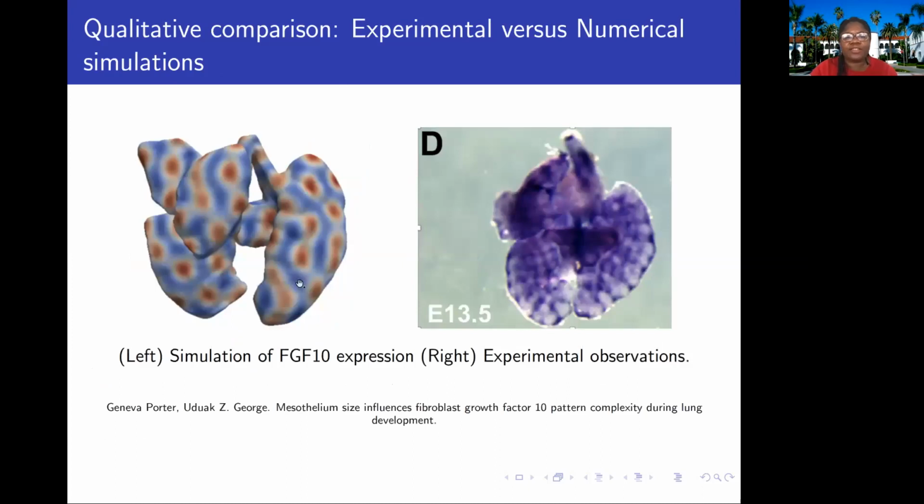Now here I show also comparing with experimental result where I show the patterning that it begins to get complex as you increase the size of the lung. So here we have embryonic 13.5, and then we have more patterning. And if I were to show a larger lung, you would see more correlation.